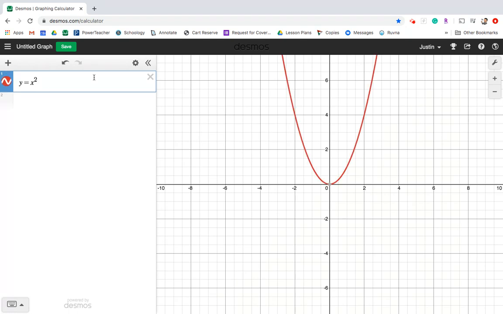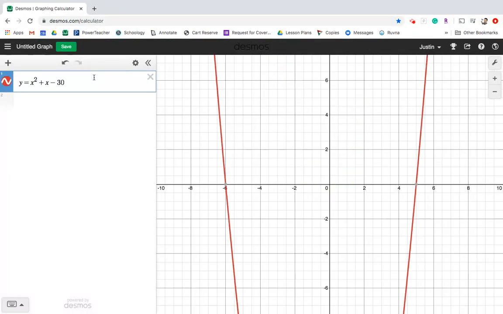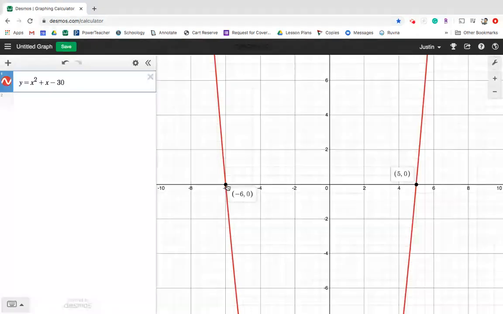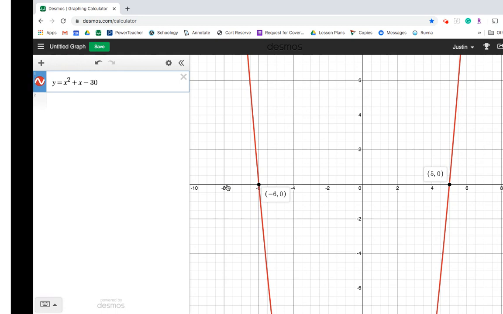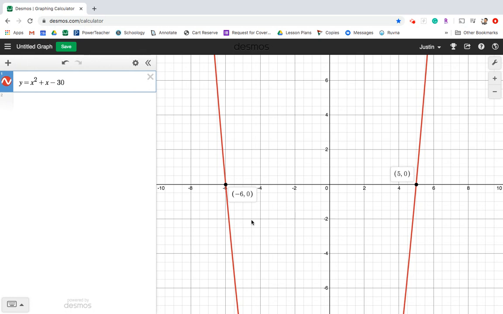X squared plus x minus 30. And remember, we're looking at the two spots that cross the x-axis. So we have -6 and +5 as our answers.